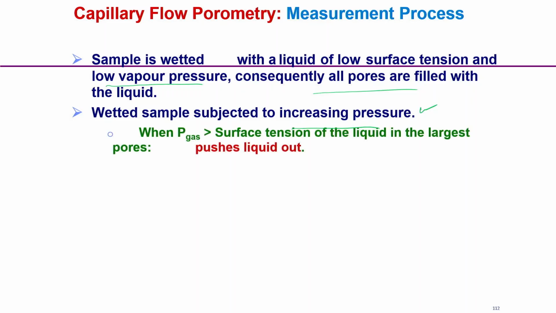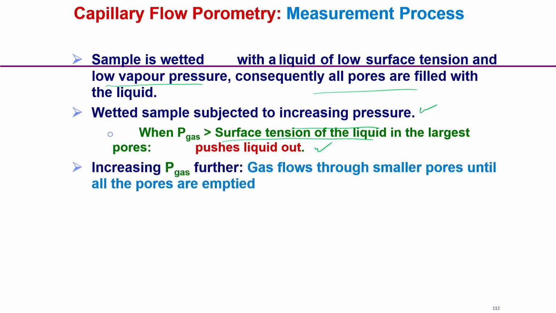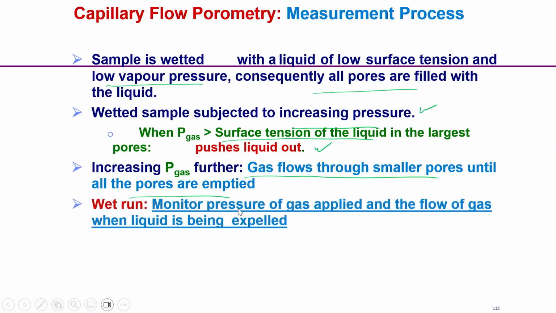When the gas pressure is more than the surface tension, the liquid will be pushed out. If it is increased further, the gas flows through the small pores until all the pores are emptied. So, you get all the pores emptied, and that will give an indication.